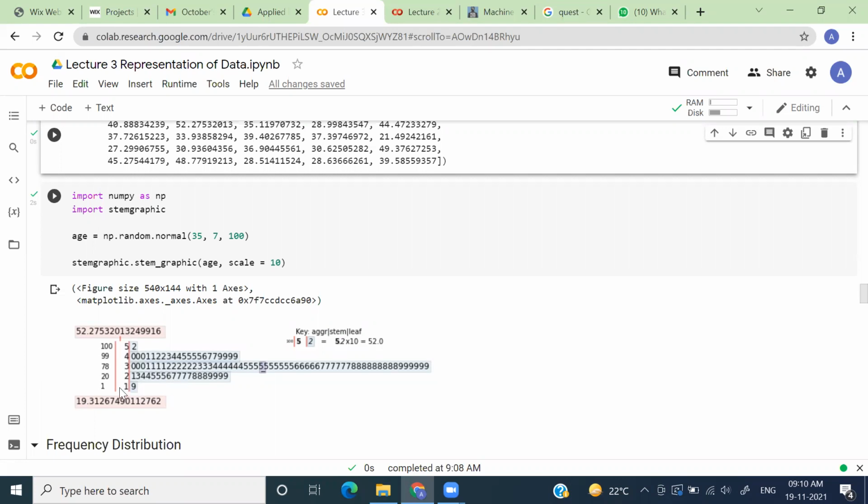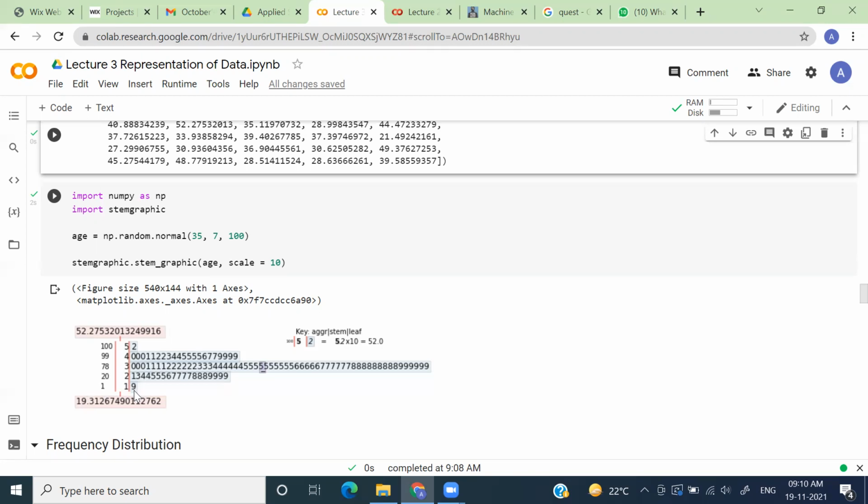You see here the value is called count, and this is the age. There is one person whose age is 19. There are a total of 20 in the range of 20 to 30, and their ages are like 21, 23, 24, 24, 25, 25, 25. You're getting it? The stem part is your tens digit, whereas your leaf part is the unit digit.